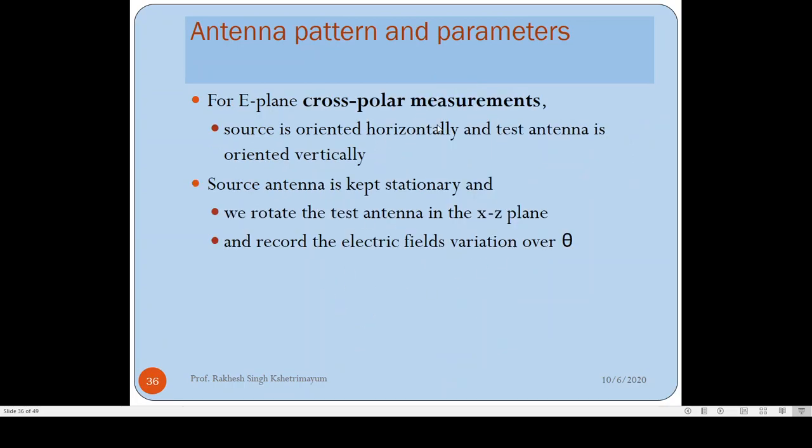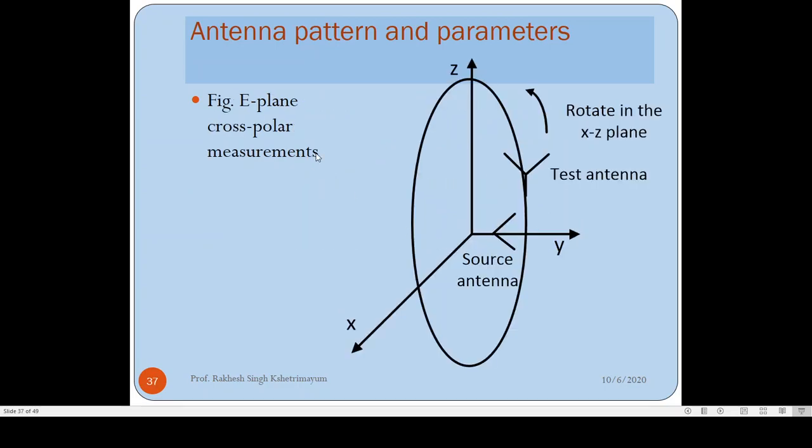If you want to make cross polar measurements, you can just keep this transmitting antenna perpendicular to the receiving antenna. So this transmitting antenna and receiving antenna are not in the same plane now. This transmitting antenna is directed along the y-axis, but the receiving antenna is directed along the z-axis, so they are perpendicular to each other.